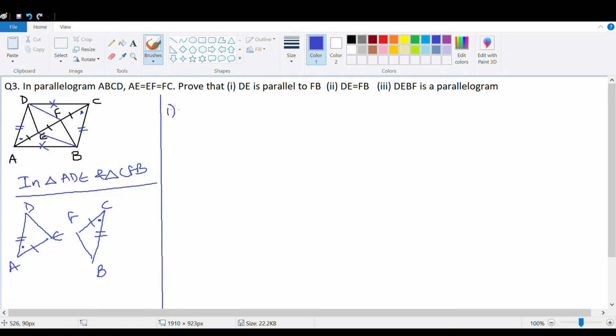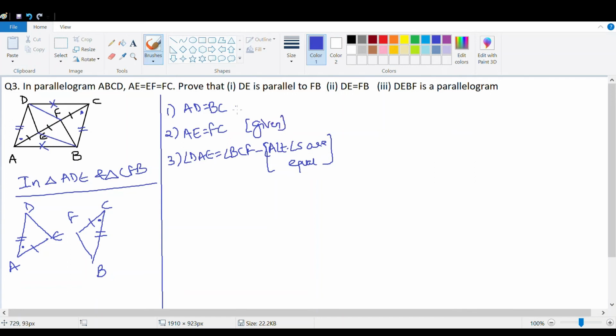So let's just write all this down and see how we can move ahead from here. So number 1, AD is equal to BC. Number 2, AE is equal to FC. And number 3, angle DAE is equal to angle BCF. This is alternate angles are equal. In this case, given, and this is opposite sides of the same parallelogram.